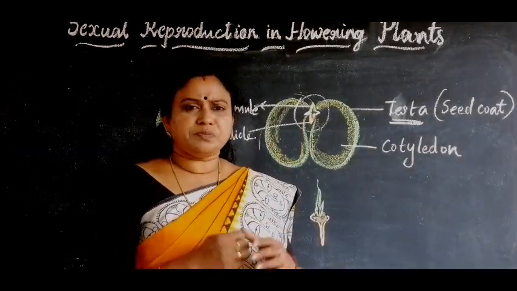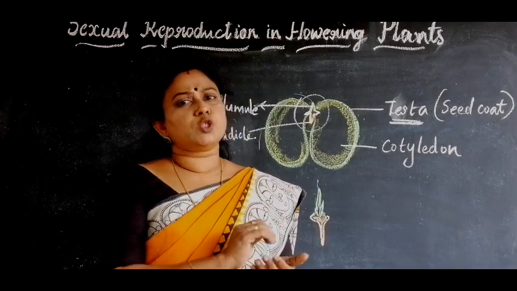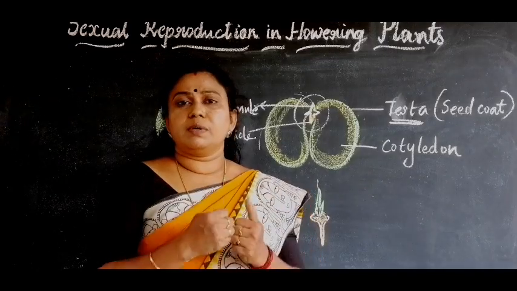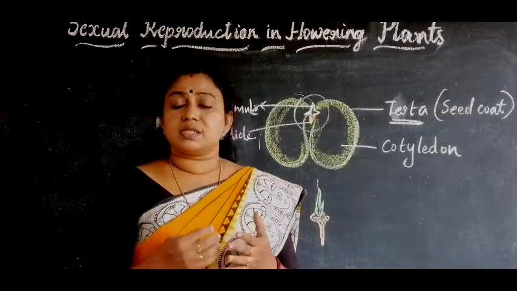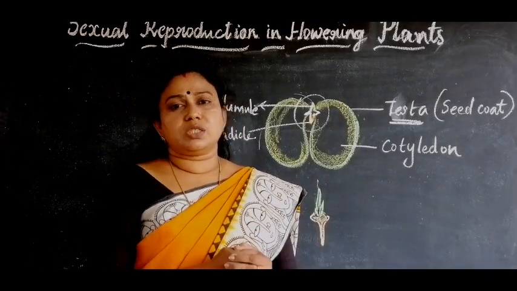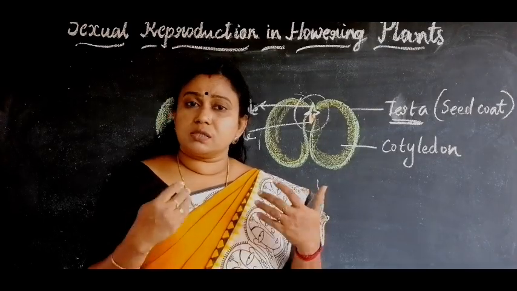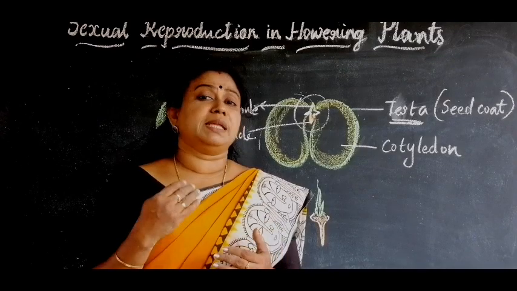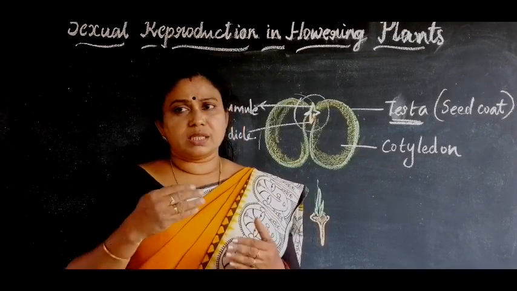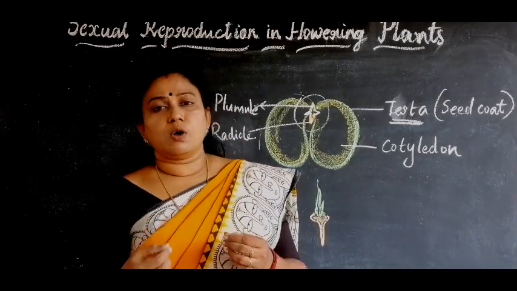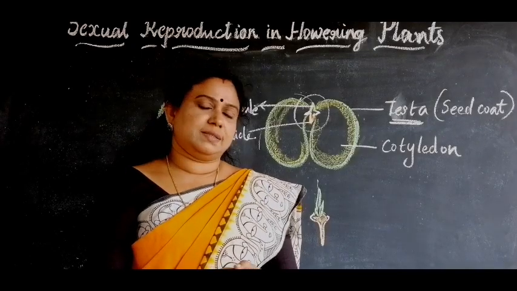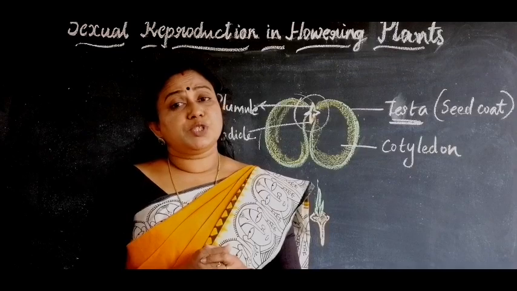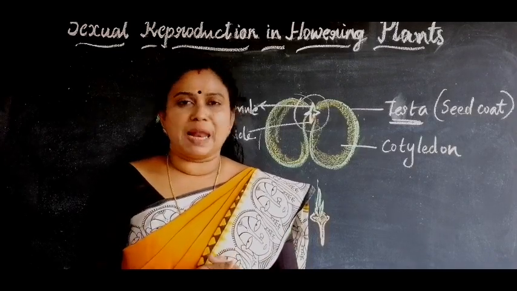When we keep the seeds soaking in water, they get favorable conditions: water, moisture, sunlight. When they get every favorable condition, they start developing, or germinating. We can see a small shoot system and a small root system arising from the seed, and finally this seedling develops into a new plant.